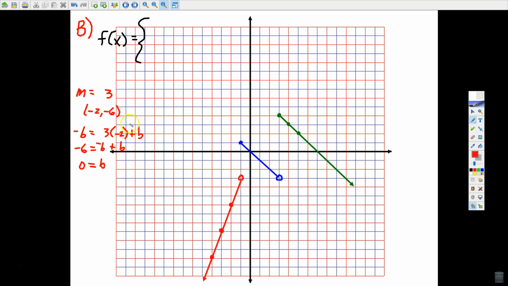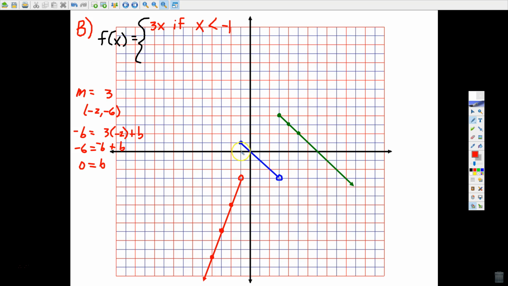Okay, so with a slope of 3, y-intercept of 0, this red line is identified by the equation f of x equals 3x, but only if this part is only defined for x values that are less than -1.